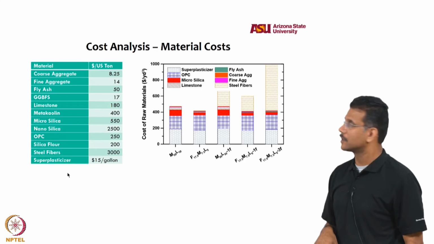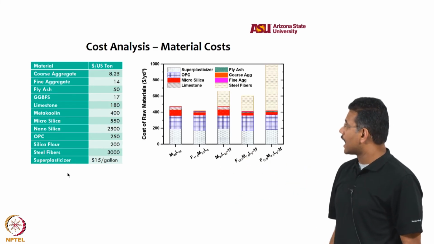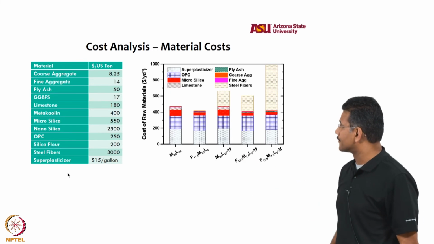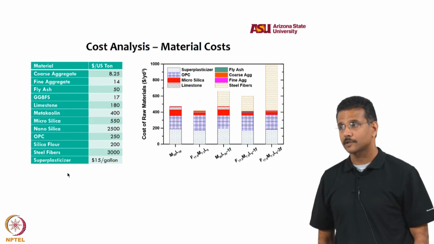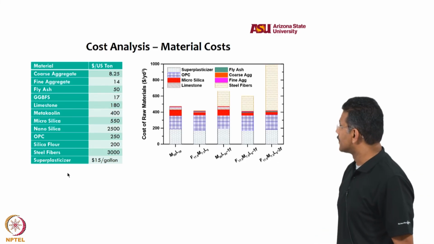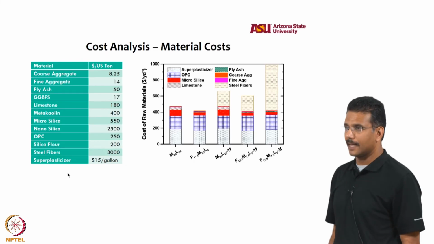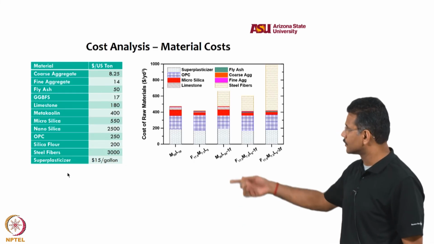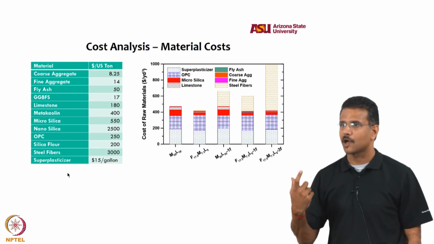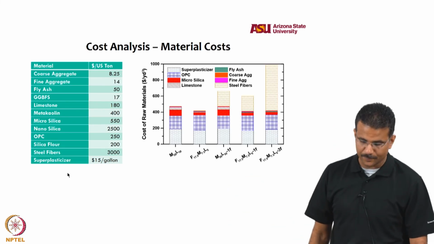Superplasticizer costs about $15 a gallon. If I use all of that per cubic yard of material for the different mixes I have used, you will see that fibers constitute the highest cost, and that is what you pay for the ductility. If you use mixtures without fibers, then the superplasticizer and cement are the highest cost, with superplasticizer costing almost the same as cement. So it is a very expensive mix.